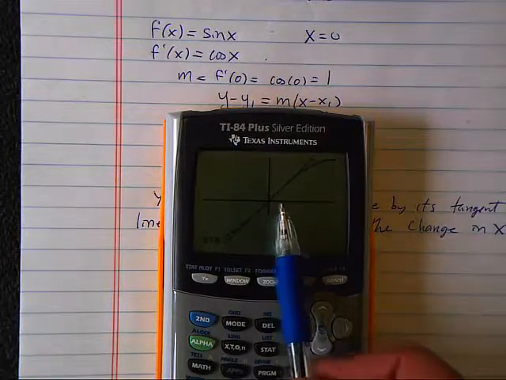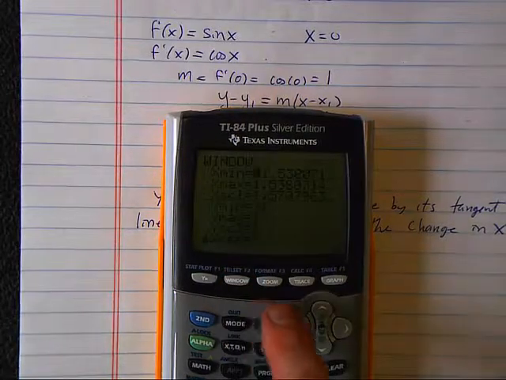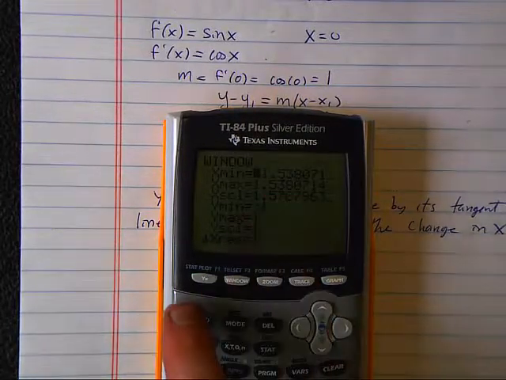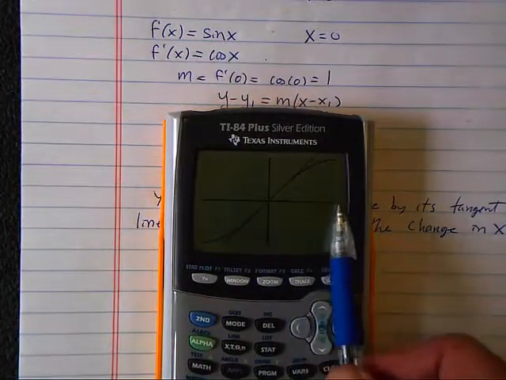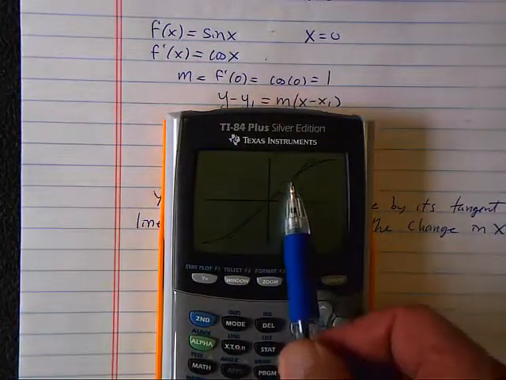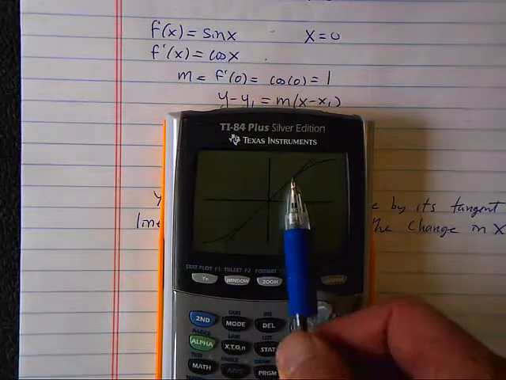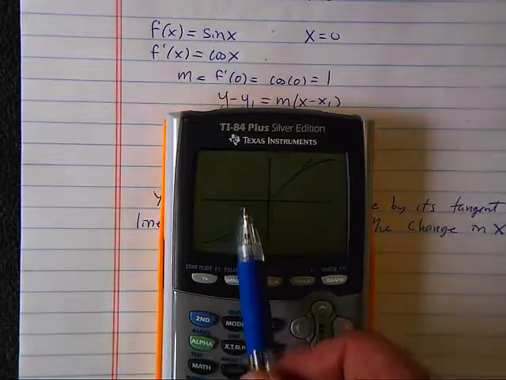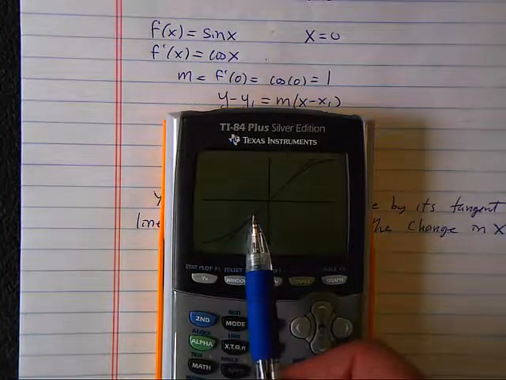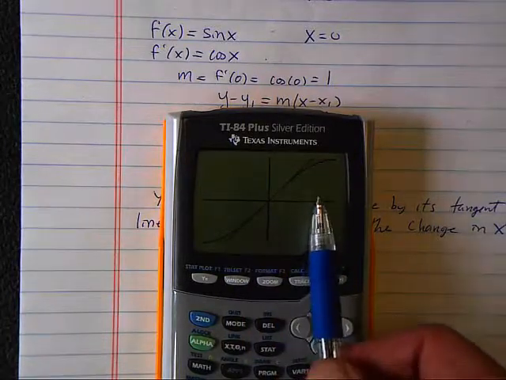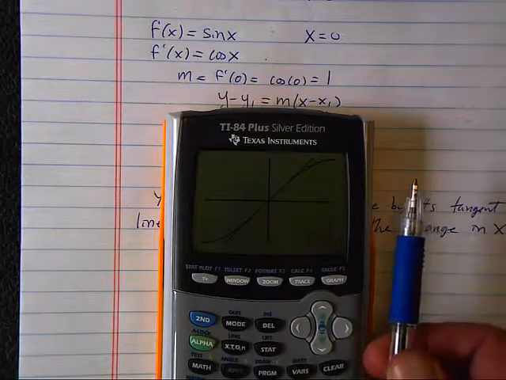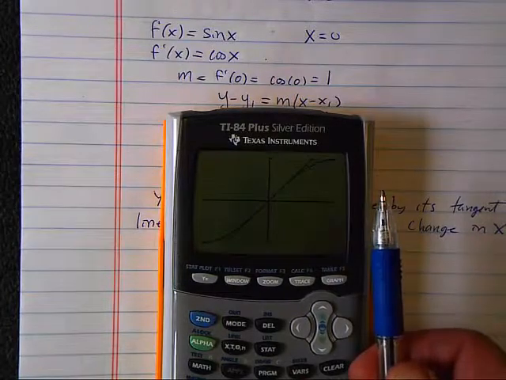So x could go from maybe, I don't know what our window is here. The window goes all the way to 1.5. So it looks like it's a pretty good estimation for x up to a half and x as far down as minus a half. But it would not be a good estimation if x were 4, for example. 4 is too far away from 0 to be a good approximation.